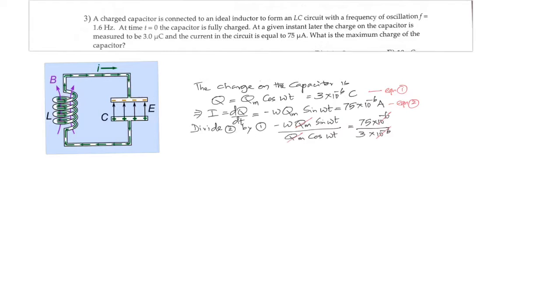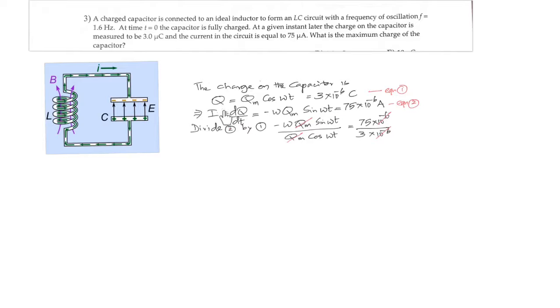Now we know that the charge on the capacitor is given by Q is equal to Qm cosine omega t. Qm is the maximum charge on the capacitor. Omega is the angular frequency of oscillation, and Q at that instant is given as 3 times 10 to the negative 6.